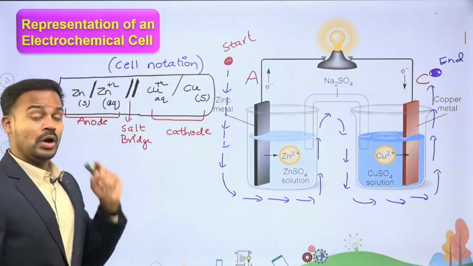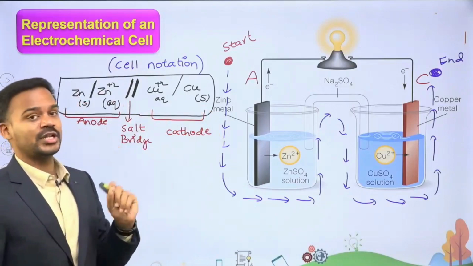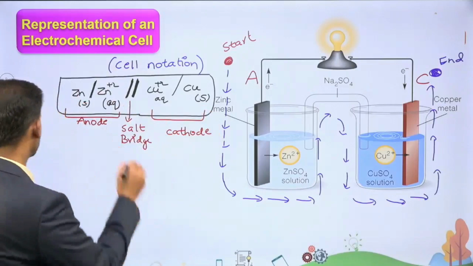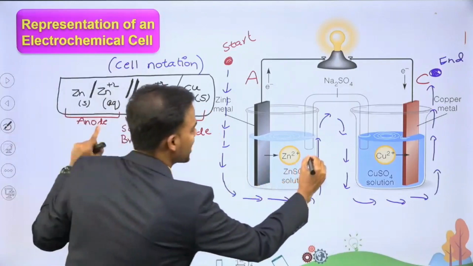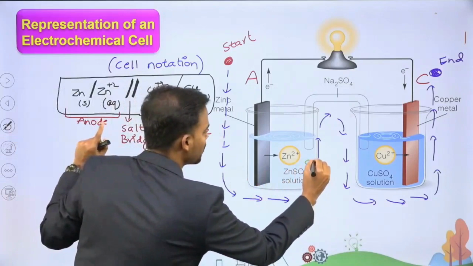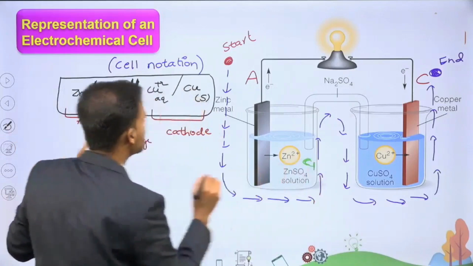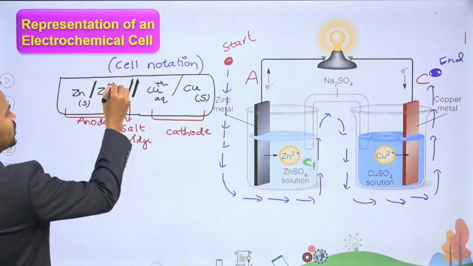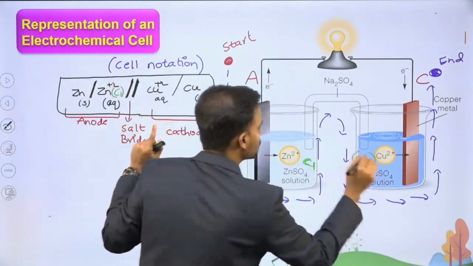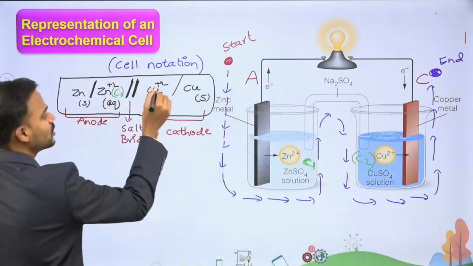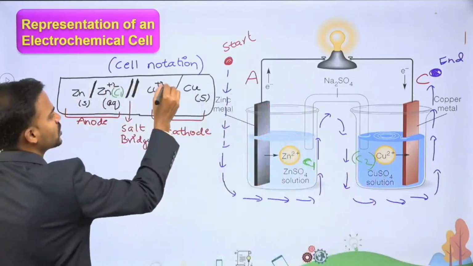One more important thing is that you have to express them with the concentration also. That is very important. Let's say the concentration of the zinc sulfate solution is C1, and C2 is the concentration of the copper sulfate solution. So you have to mention each solution along with its concentration.